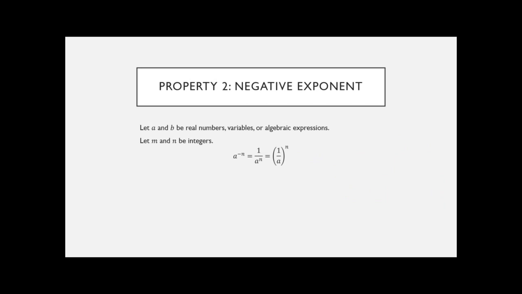So the second thing we have is what happens if you get a negative exponent. So a to the negative n, so if you have a negative in the exponent, it's equal to 1 over a to the n.